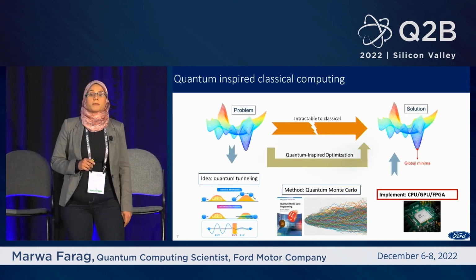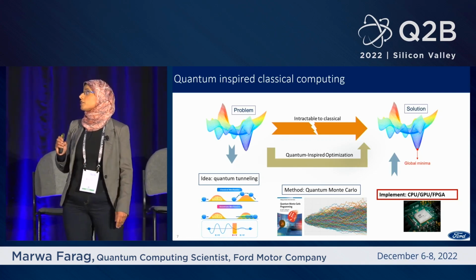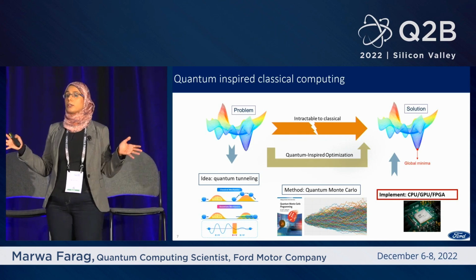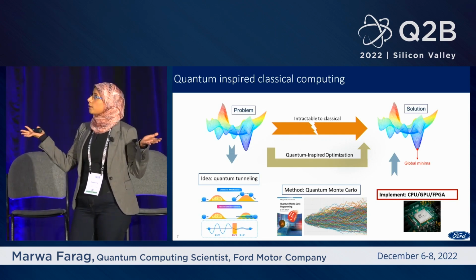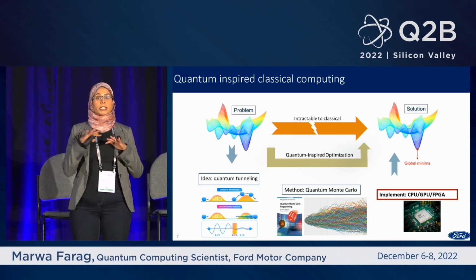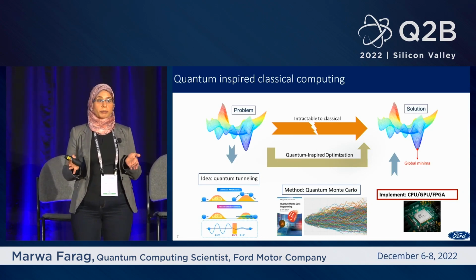So quantum-inspired optimization is simply the idea that when you have a non-trivial optimization problem, your landscape has many local minima, and you try to explore the entire landscape to find the global minima.